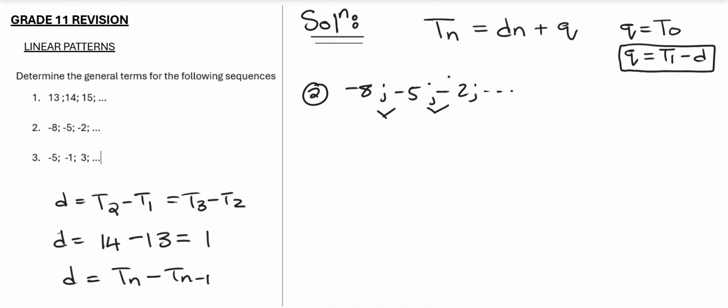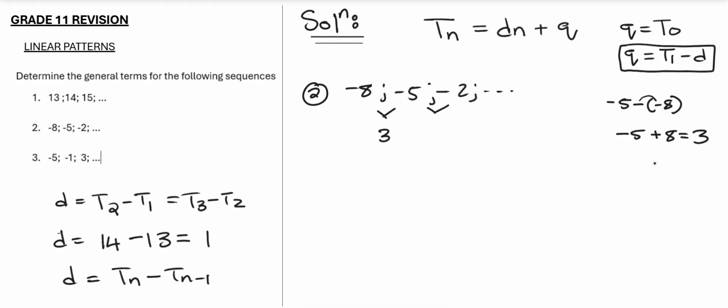For the first two terms, it is going to be equal to minus 5 minus a negative 8. Negative times negative gives us a positive 8. Then minus 5 plus 8 is going to be 3.